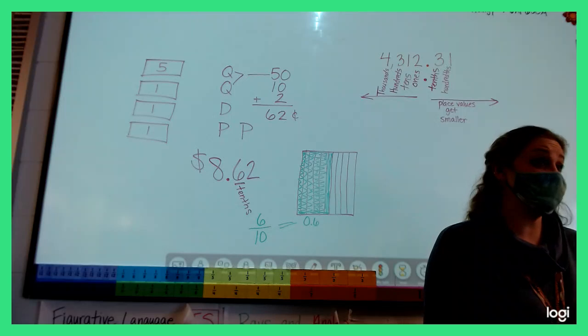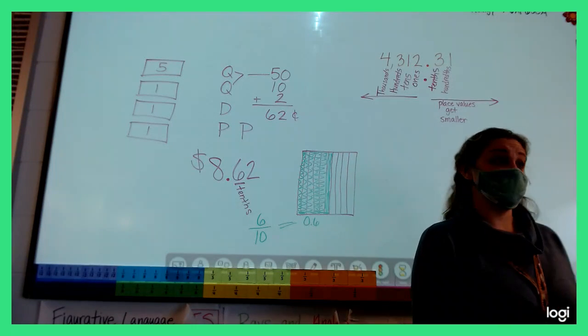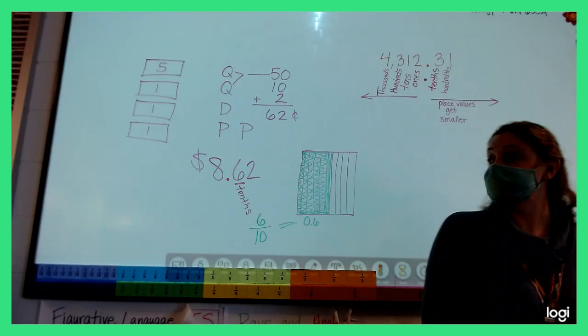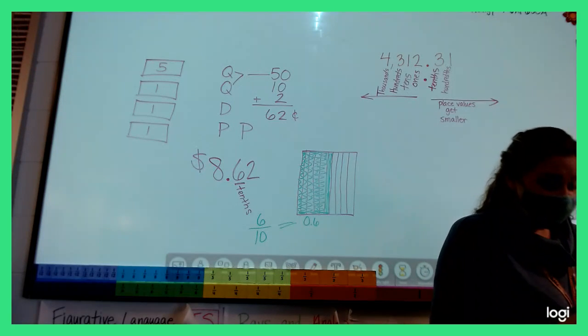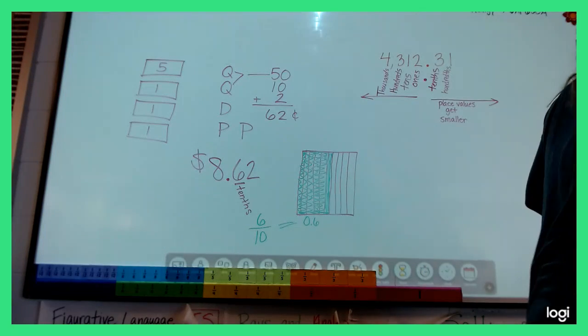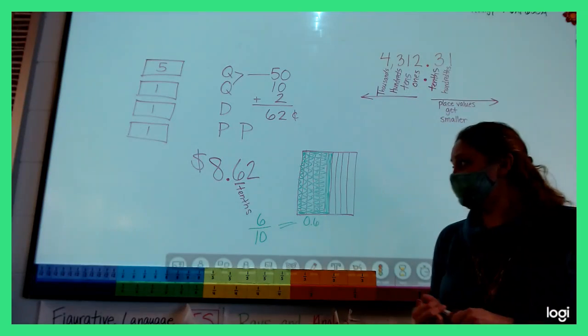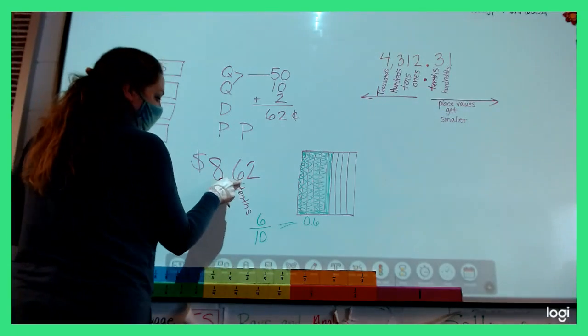We say them the same, they mean the same thing. Does this part of our picture make sense so far? Okay. Now we have to take care of our hundredths, and I think you're about to see why it's a little bit different. If I need to shade in 2 hundredths, let me write my label.